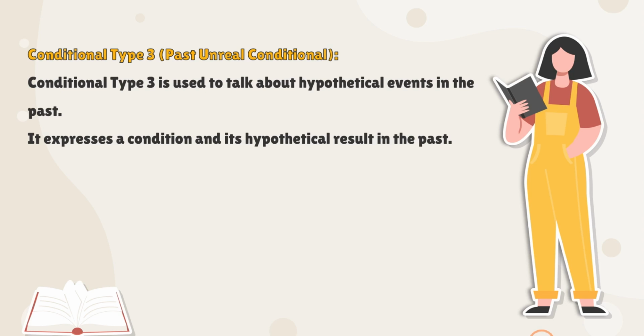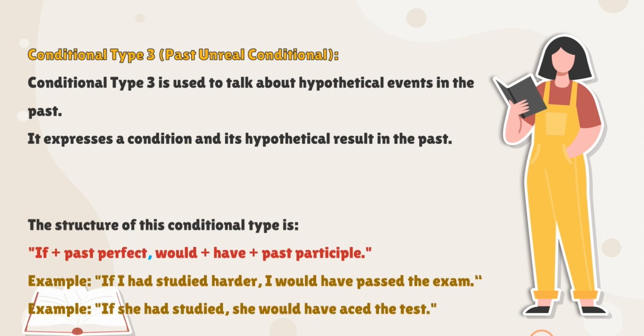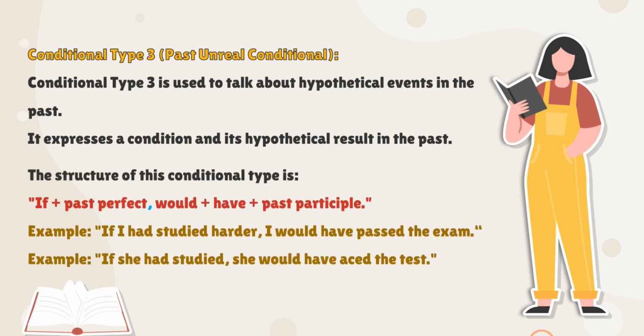Conditional type 3 expresses a condition and its hypothetical result in the past. The structure of this conditional is if plus past perfect, comma, don't forget the comma, would plus have plus past participle.